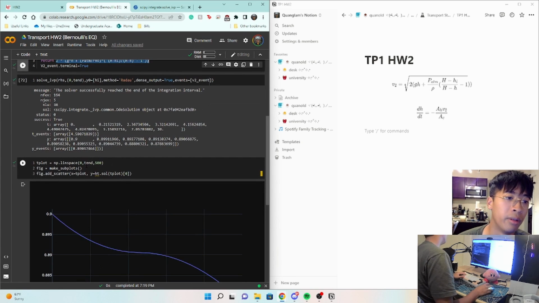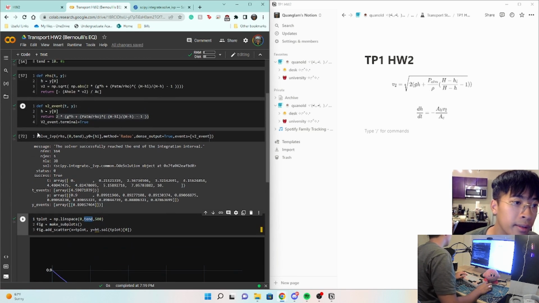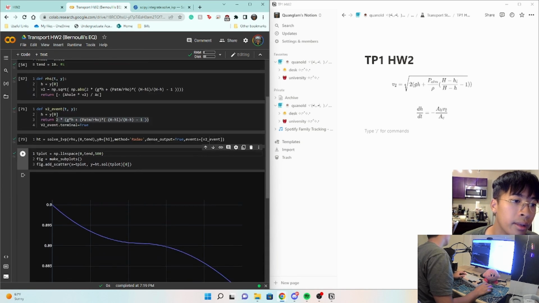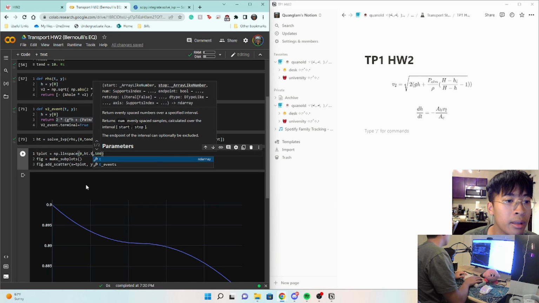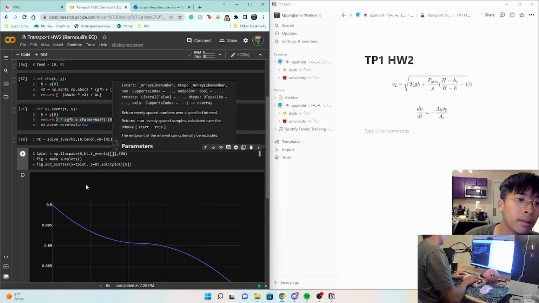So let's go off and do that here. Let's assign this to ht again. ht equals that, right? And we want to stop this at the event. So ht.t_events, okay, 0.